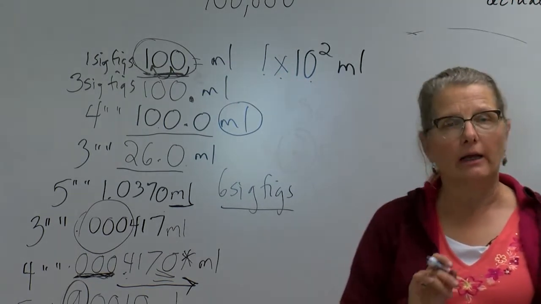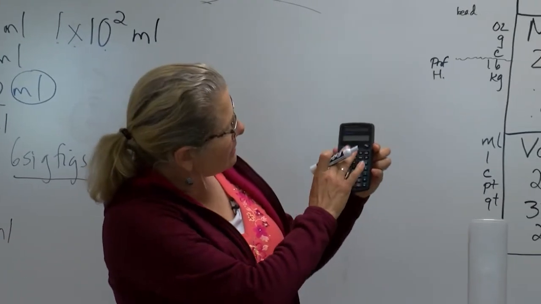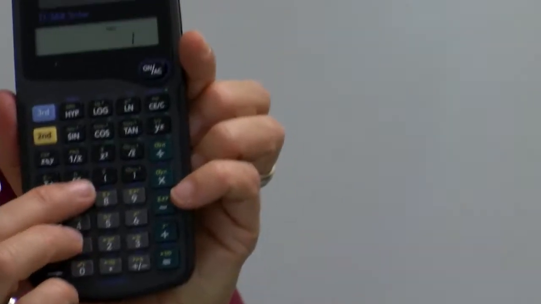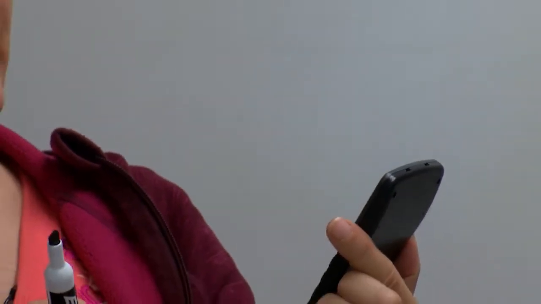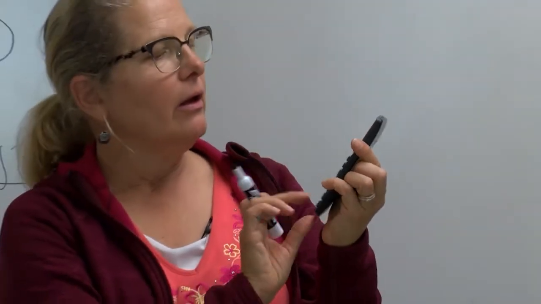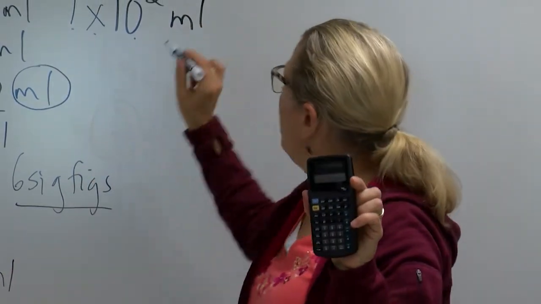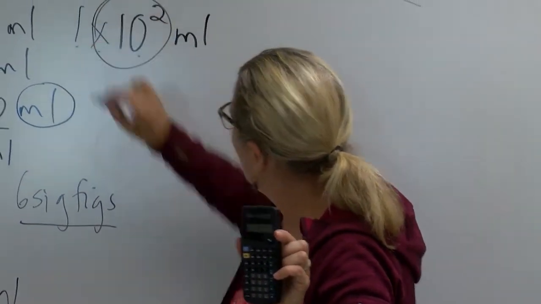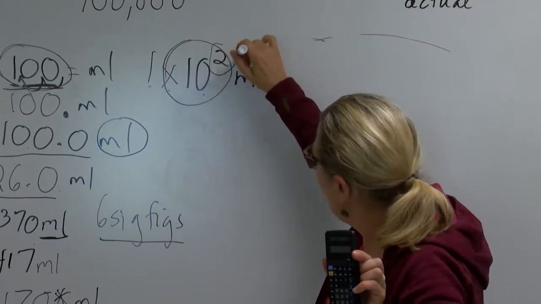Doing it in your calculator, you put in 1, and then on this calculator it has EE somewhere. Okay, so 1, and you push the EE, and then 2 zeros show up. 1 times 10 to the second equals 100. 1 EE, this part is the EE, and then you put the 2.